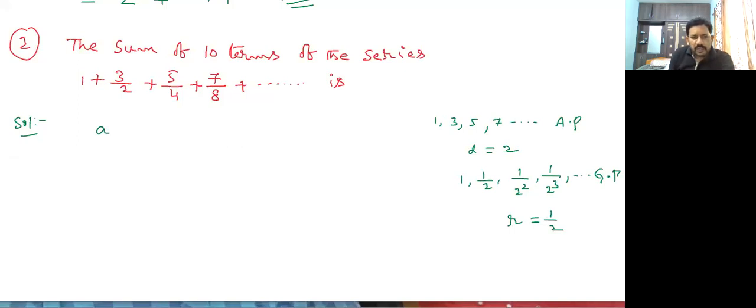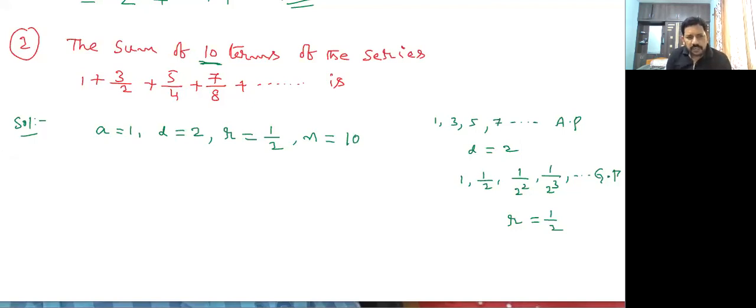So finally here, a value is 1, d value is 2, and r value is 1 by 2. Here they are asking sum of 10 terms. That means n value is 10. Now what is sum of n terms of the AGP series formula?